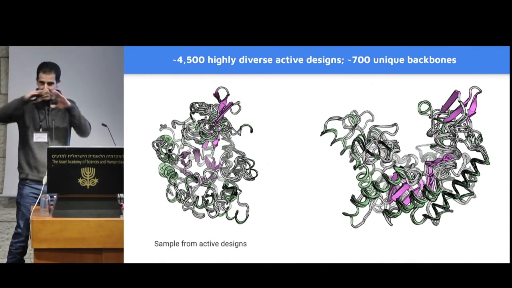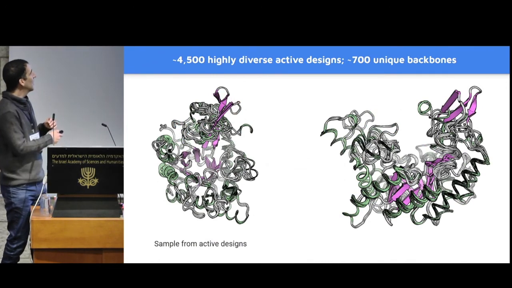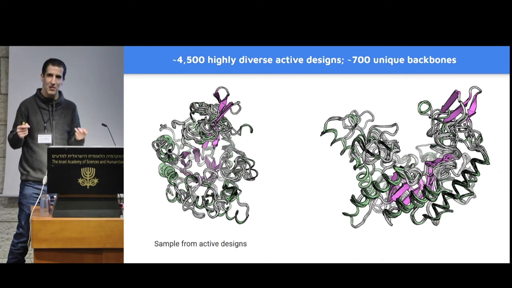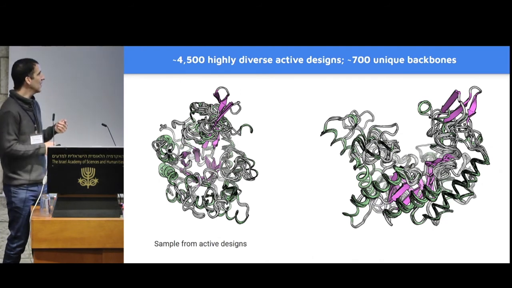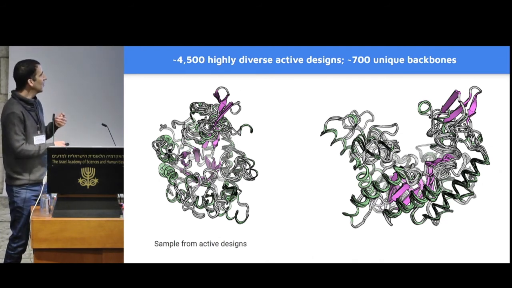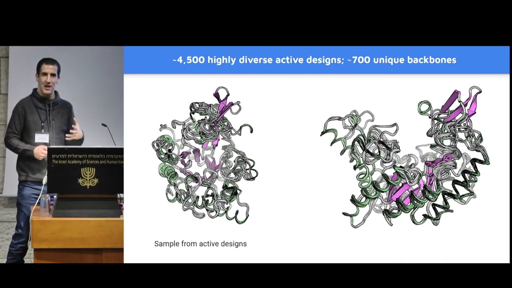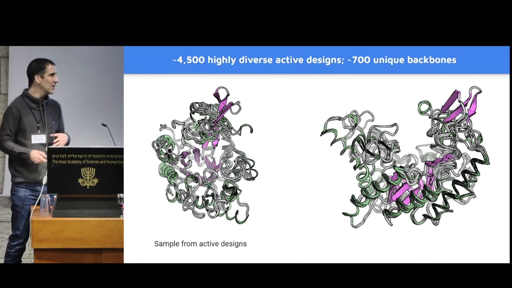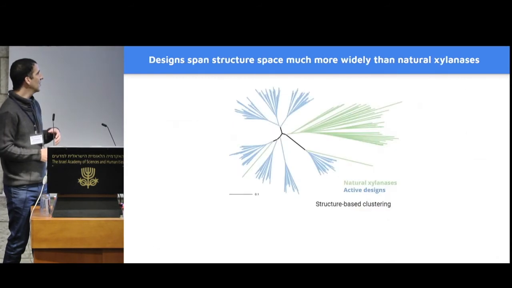So from this crazy pipeline, we got 4,500 unique design sequences that were active according to this assay. And you can appreciate that this is a very small subset of the structures. They come from 700 unique backbones, so a huge diversity of backbones. You can see that the active site is really highly mutated, including by insertions and deletions.